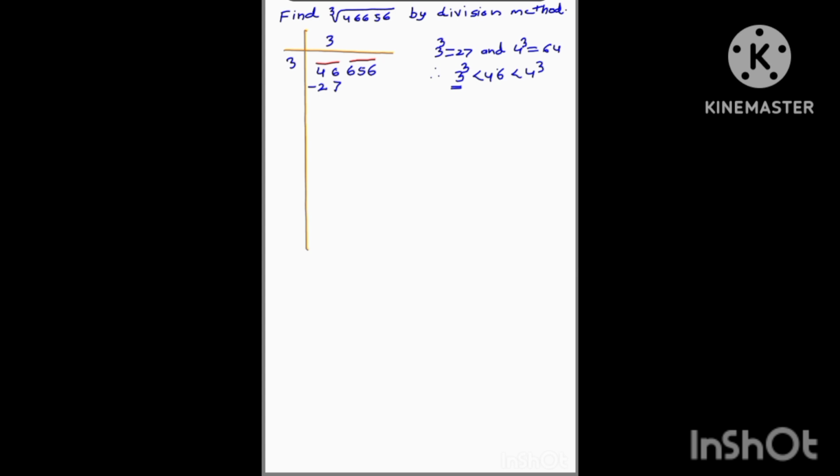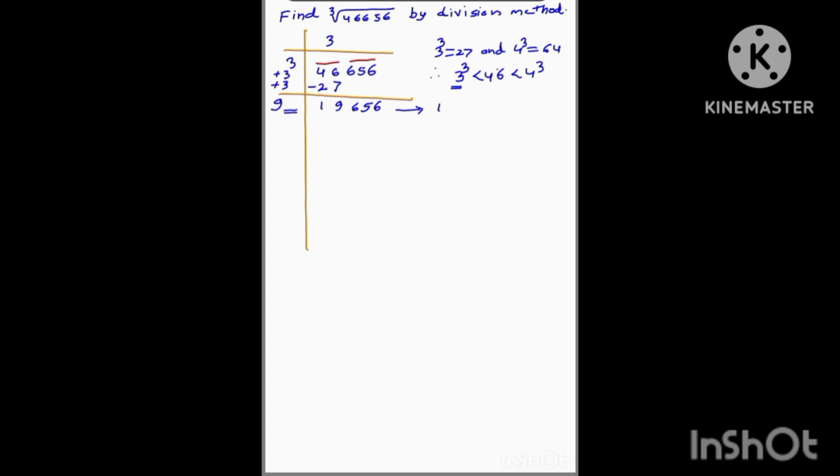And now subtract. The subtraction gives 19, and then transfer the whole group of 3 down there. So 19656. Now 3 plus 3, you are familiar with this, and add it, 9. Now we have to find the number after that 9, which digit will be after that 9.